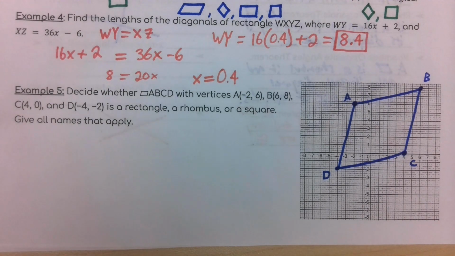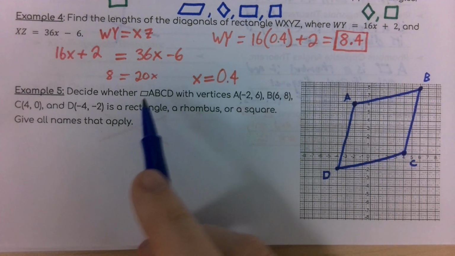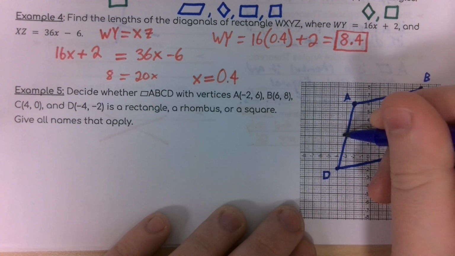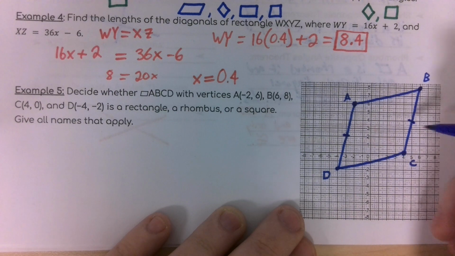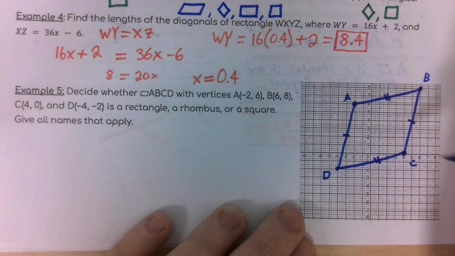Just from looking at it, we can tell this looks like a rhombus. But we need to be sure, and we need to prove it. Well, no matter what, this is a parallelogram. So we know, for instance, that AD has to be congruent to BC, and AB should be congruent to CD.